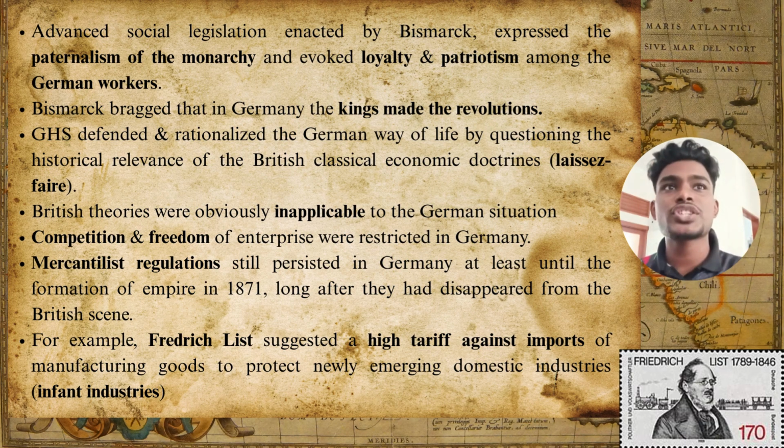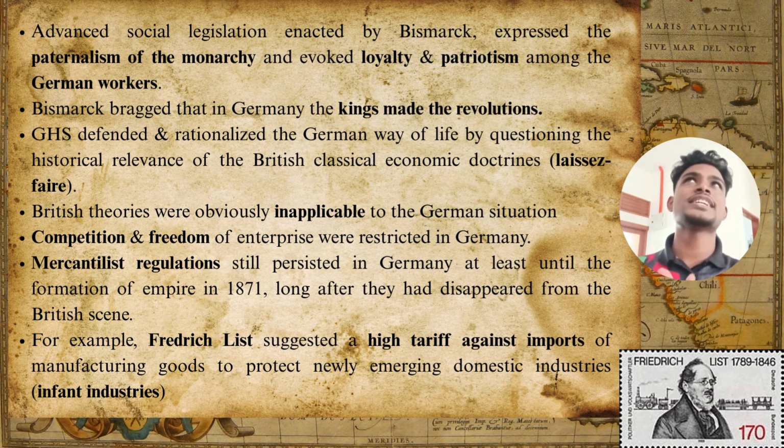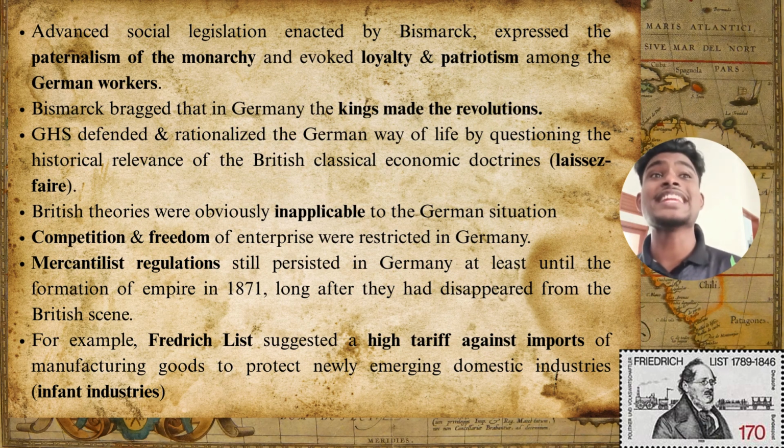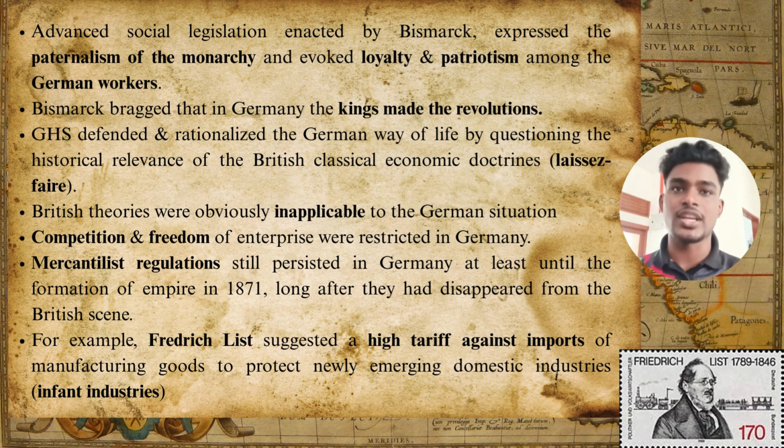Competition and freedom were restricted in Germany, and mercantilist regulations still persisted in Germany, at least until the formation of the empire in 1872, long after they had disappeared from the British scene. For example, Friedrich List suggested a high tariff against imports of manufactured goods to protect newly emerging domestic industry, which can also be called infant industries.